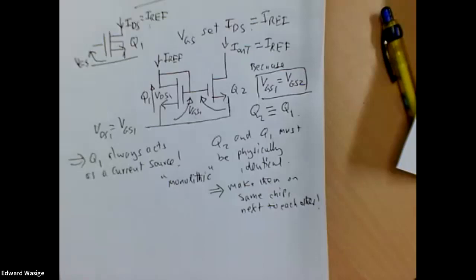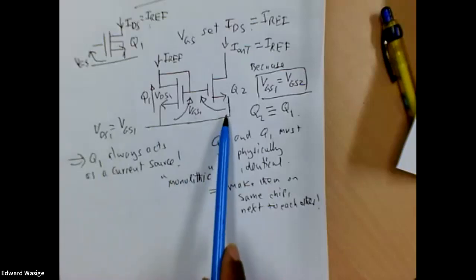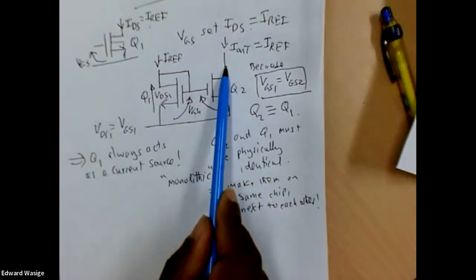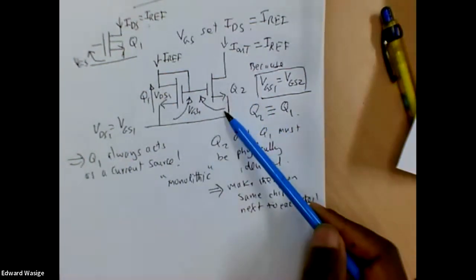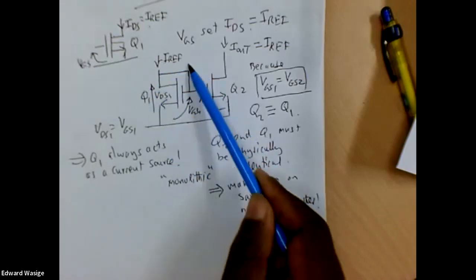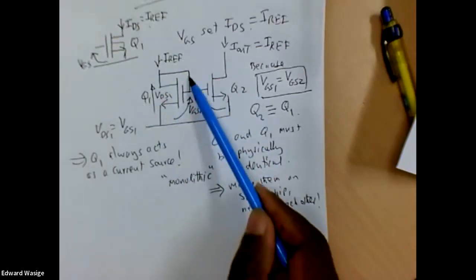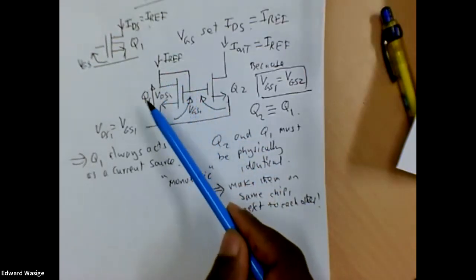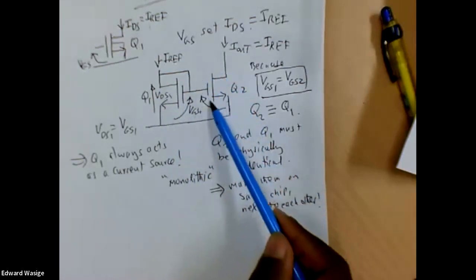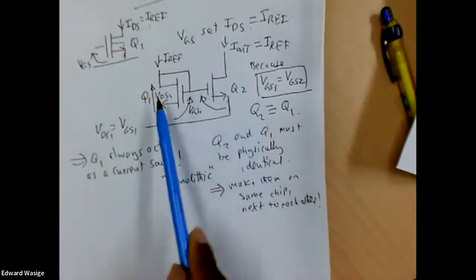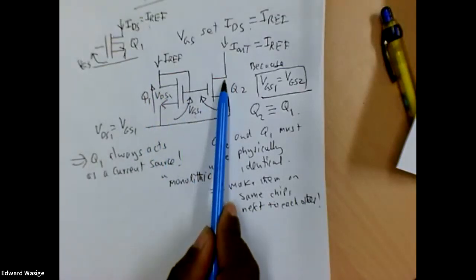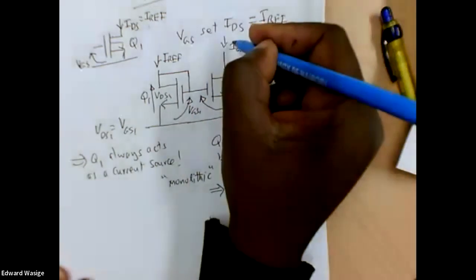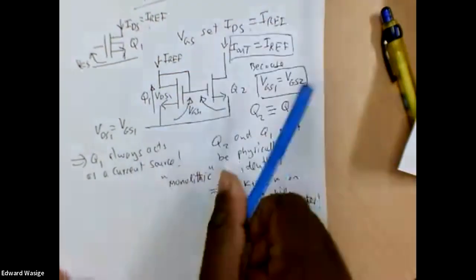We know that for this type of transistor, the gate to source voltage determines the current that flows between the drain and the source. So Q1 makes sure that the current flowing through it is in the saturation region, and Q2 will copy it. Whatever current flows through Q1 will be the same as the current flowing through Q2.